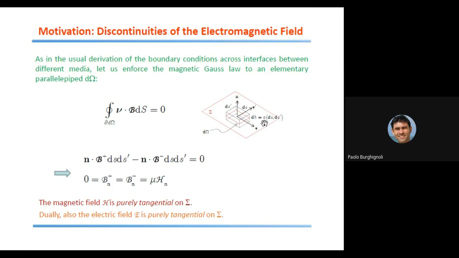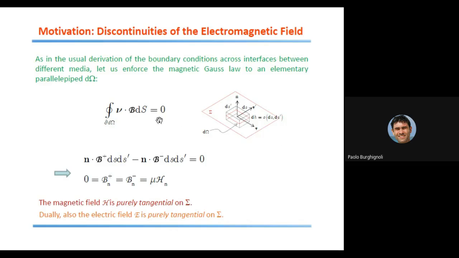This is the small o notation, the Landau notation, which tells us exactly this, that we can neglect the thickness of this parallelepiped with respect to the other two linear dimensions. We establish also a local reference system with two unit vectors, tau and tau prime, in the plane tangent to our surface sigma, whereas n, the unit vector normal to the surface, completes this reference system, this frame, which is a right-handed frame, as you can see.